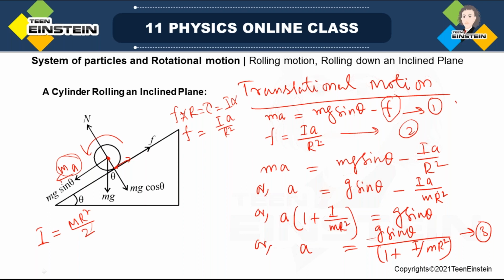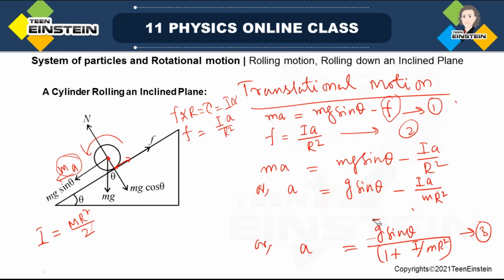I is the moment of inertia of that particular object. Here it is a cylinder, a solid cylinder. So we have got the frictional force in terms of a and R. This we will be putting into equation 1 and simplifying. Upon simplifying, what we get is equation number 3.